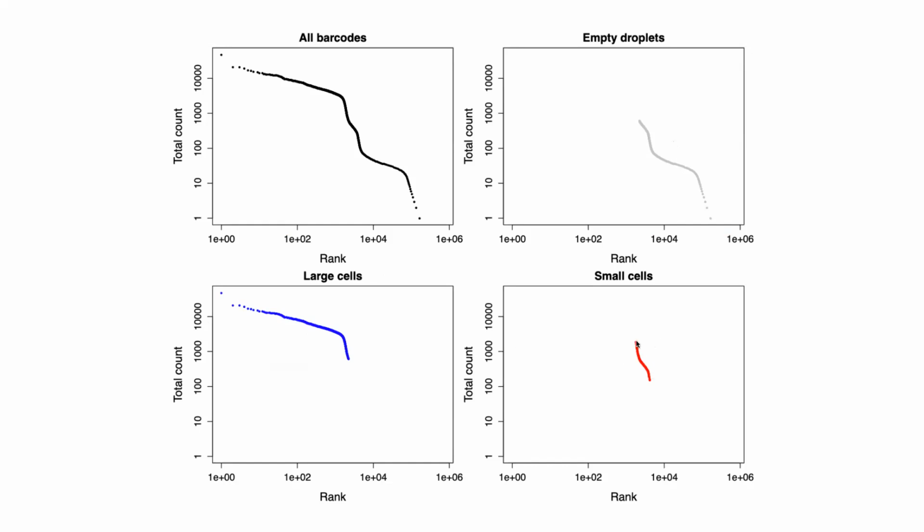With the small cells with fewer UMIs, there's going to be some empty droplets that are overlapping. Some empty droplets have so much ambient RNA that they look like a small cell. A small cell could be physically small, so it just contains less RNA, or it could be by chance that not as many reads were sequenced from that cell.